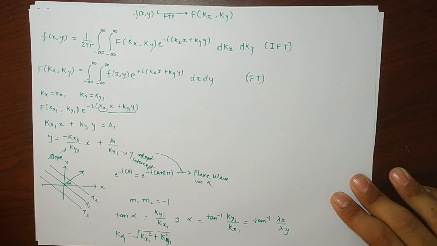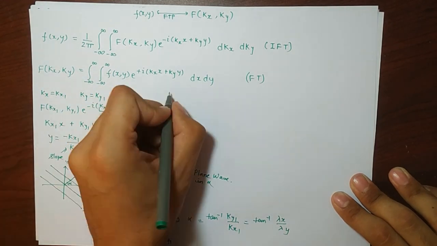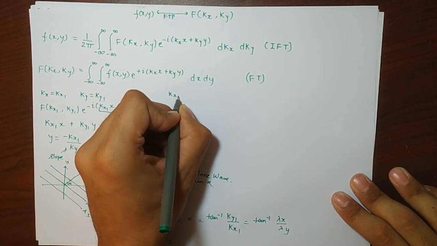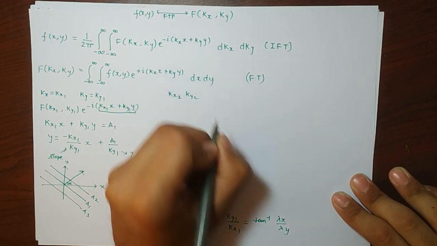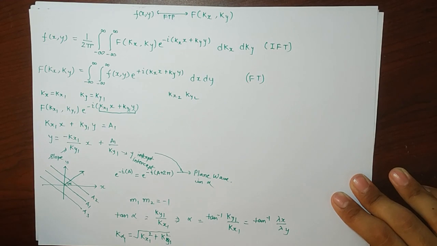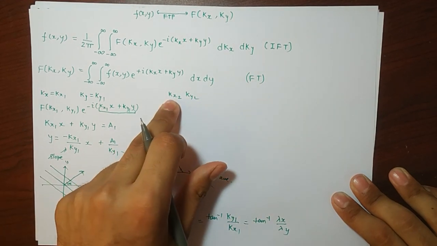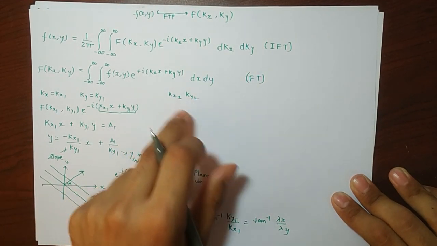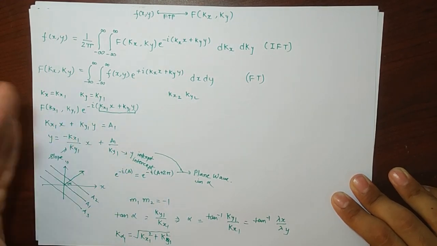So now what if I change the values which I'm taking? Now I would be taking kx2 and ky2. What would happen? You'll see that by changing the value of kx and ky, you will be changing the value of alpha, the direction in which it is moving.